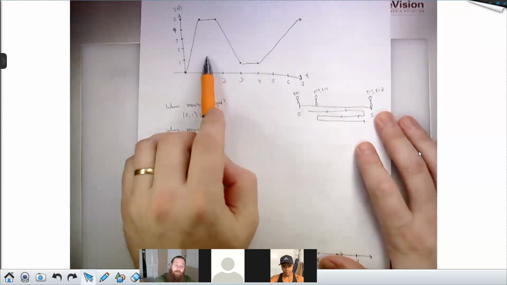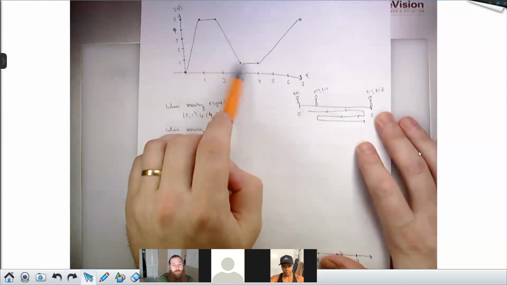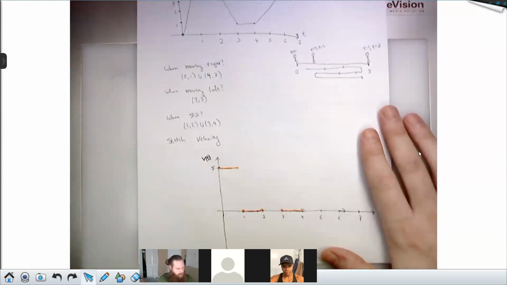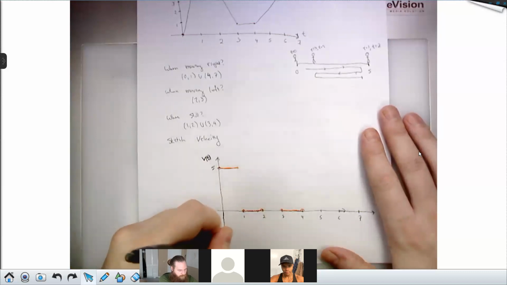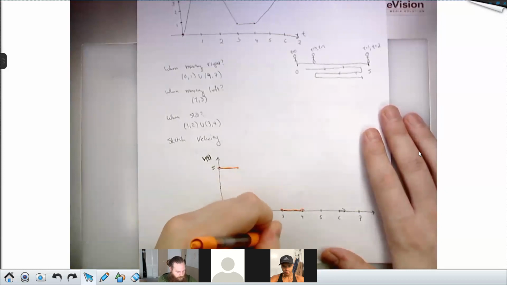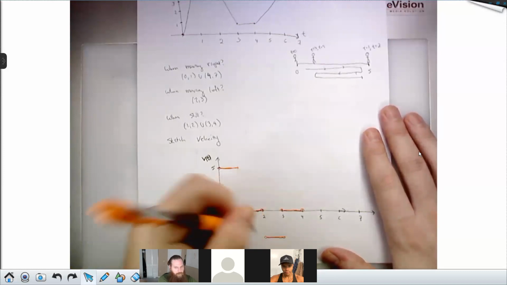I'm running in the negative direction. So my velocity is -4. So I'll mark this as -4. From time t equals 2 to t equals 3, my velocity is a constant -4 meters per second.